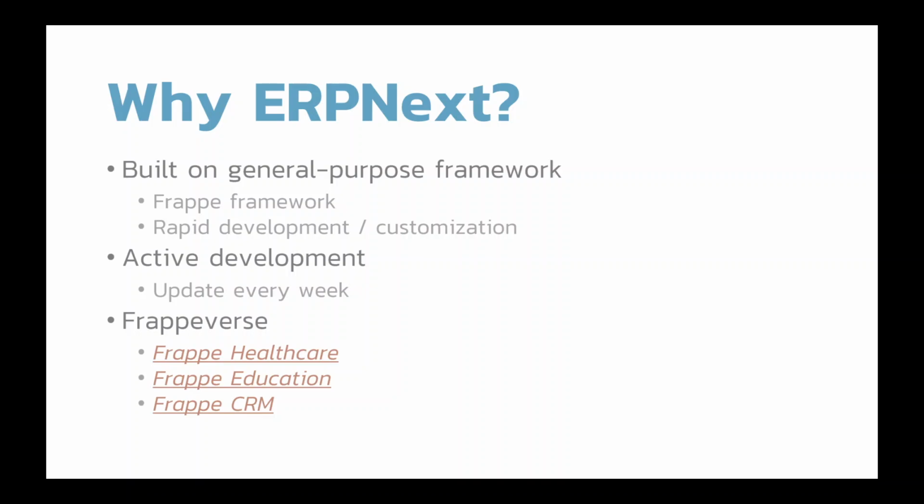I'm probably going to skip this one, but I'll let you know quickly that ERPNext is a software, but it's actually written on another software called Frappe. And Frappe is actually written in Python. You have probably heard of Python, right?